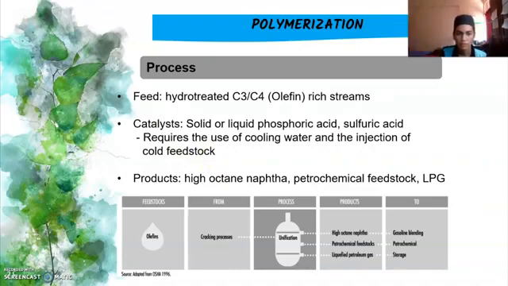The products of polymerization are high octane naphtha, petrochemical feedstock, and liquefied petroleum gas. Here is the summary of the whole process in polymerization, starting from the feedstock and where it comes from, the process, the product, and where the product will go after that.